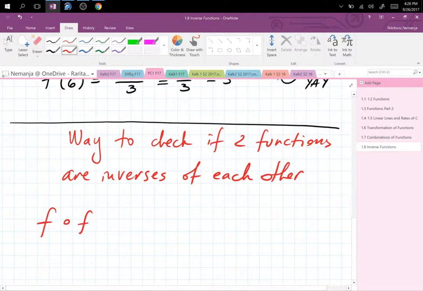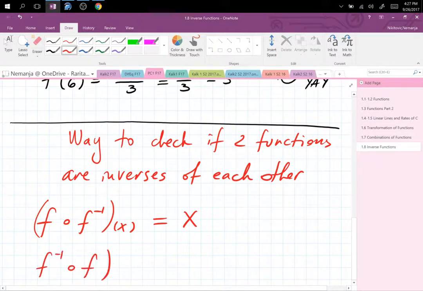Function composed with the inverse needs to give you x as the answer. Inverse composed with the function of x needs to return x as the answer.